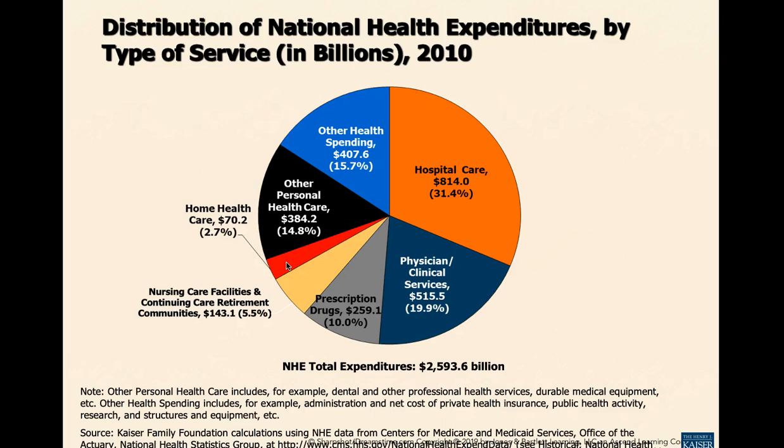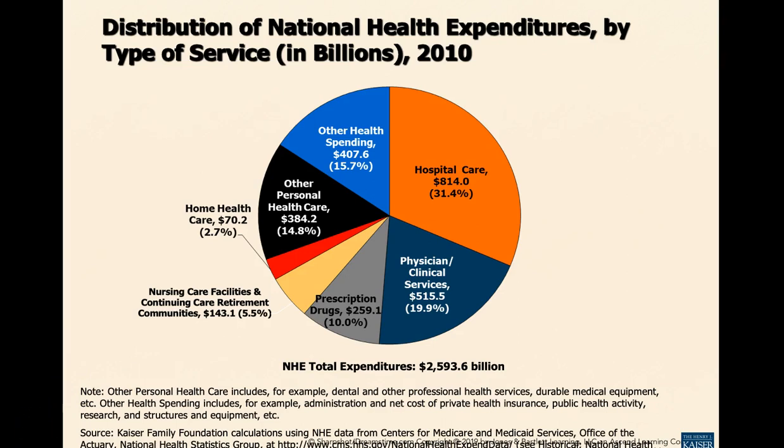So let's compare national health expenditures and how they are distributed, comparing two time periods. So here it's in 2010. Take a look at the biggest chunks of spending we did. 31.4% for hospitalization and almost 19% for physician services.